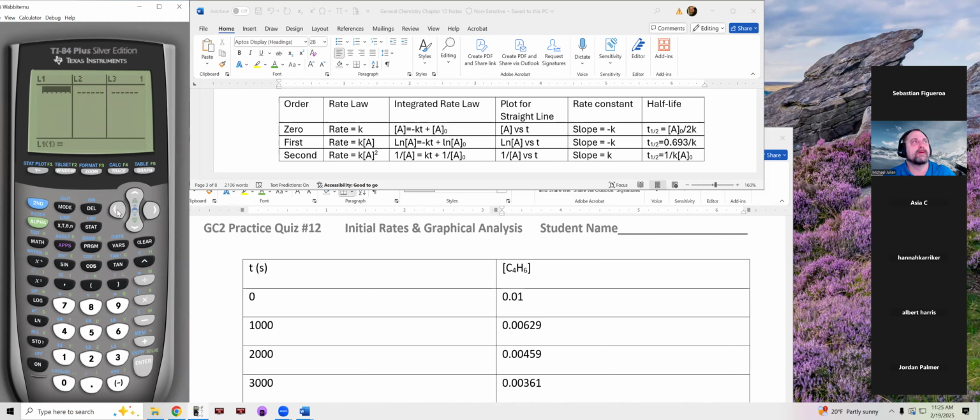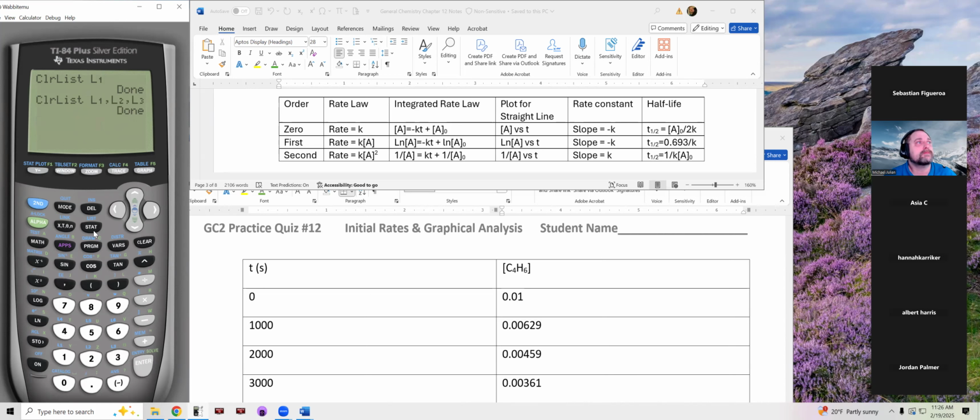So there's all my lists cleared. Had I hit stat, I could have hit clear list and it would ask me for which one. The lists are L1, L2, L3, in blue on this calculator. If I had to clear list one, it would do that. You could clear more than one list. I don't know if there's a command to clear all the lists, but I could have put comma L2, comma L3, and it would have done that as well.